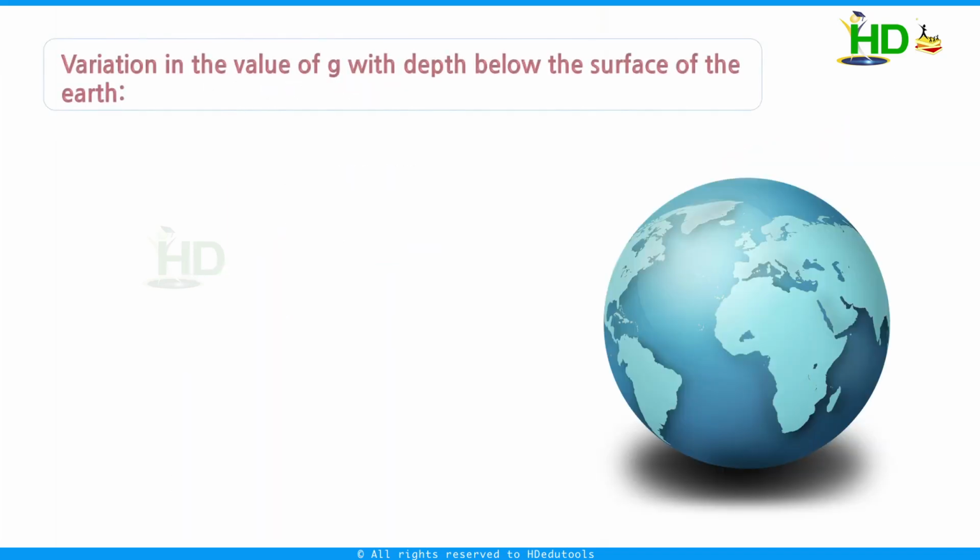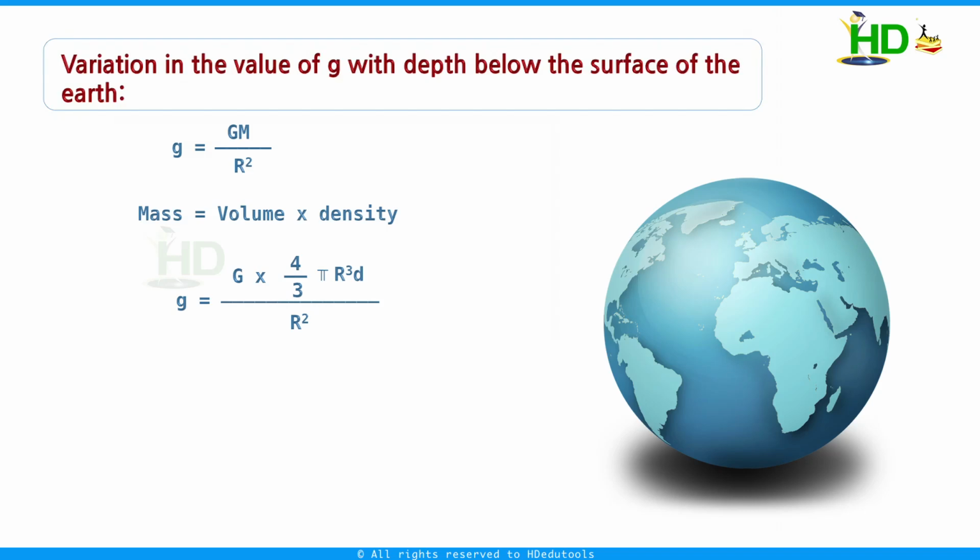And now we discuss the variation in the value of g with depth below the surface of the Earth. On the surface of the Earth, the value of acceleration due to gravity is given by g = GM/R². If we consider the Earth a sphere, writing mass equal to volume into density, this can be written as G × (4/3)πR³d / R².